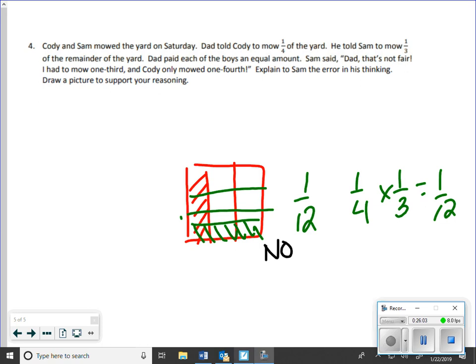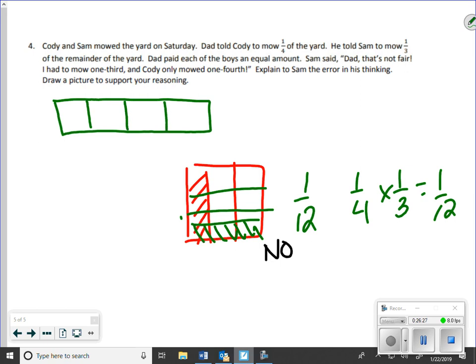Cody and Sam mowed the yard on Saturday. Dad told Cody to mow 1/4 of the yard. So what am I going to do with the yard? Put it in fourths.